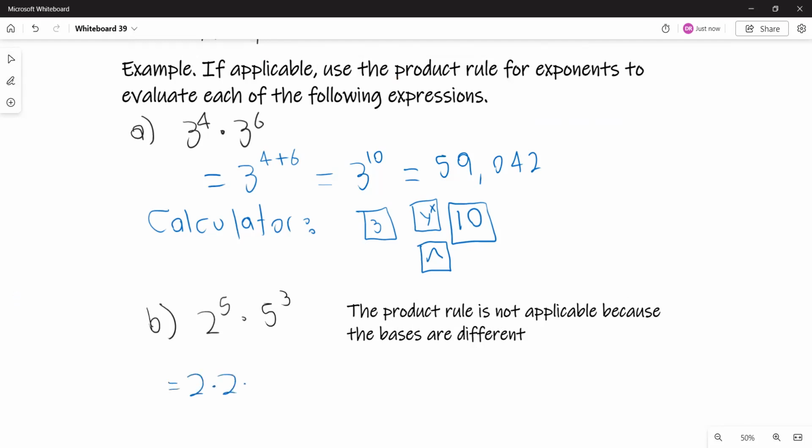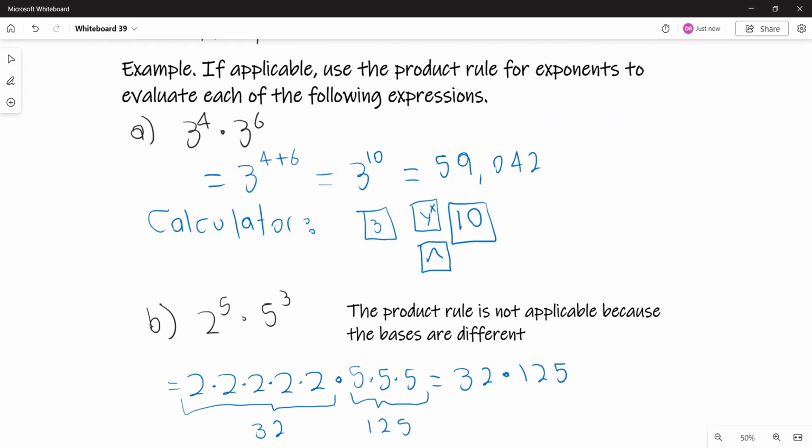That's a product of 5 2's, and a product of 3 5's. Multiplying 2 five times gives 32. So this is 32. And 5 times 5 times 5 is 125. Finally, 32 times 125 is 4,000.